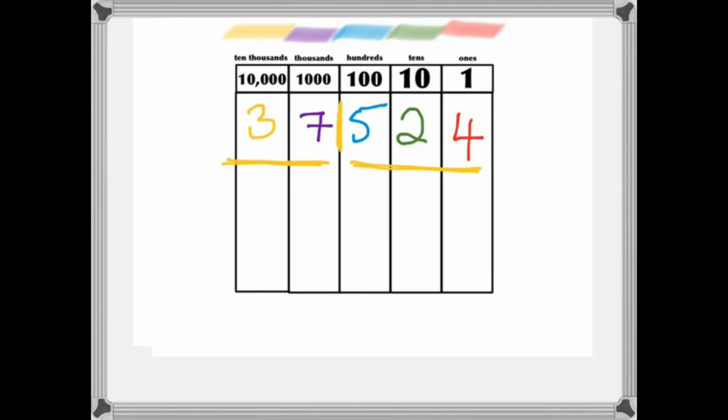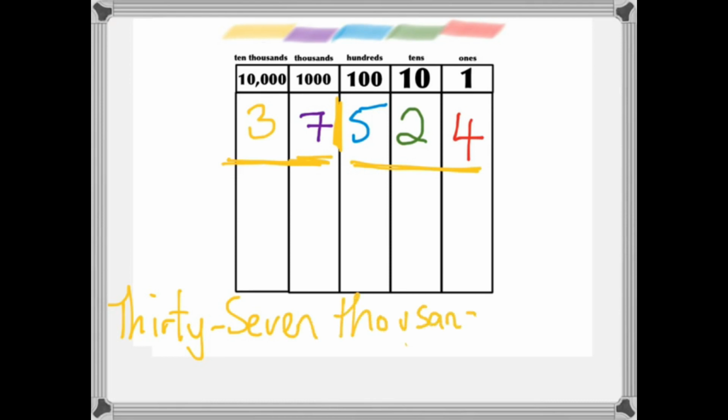How many thousands have we got? Well, we've got 37 thousands, and that's all we say. We say 37,000 because that's what comes at the thousands stage here. We've got 37 of them, so 37,000, which is interesting.